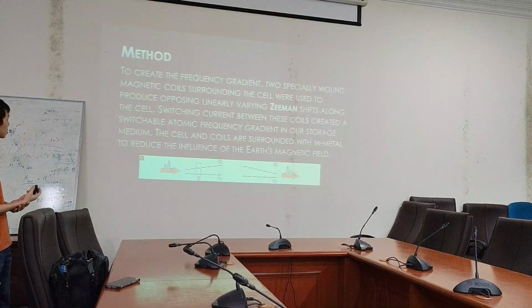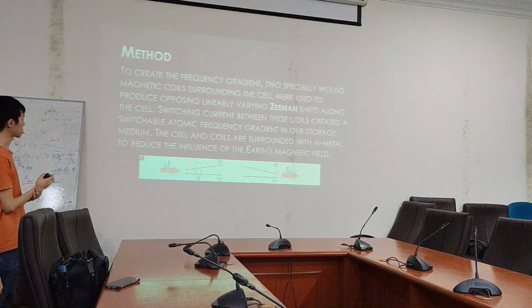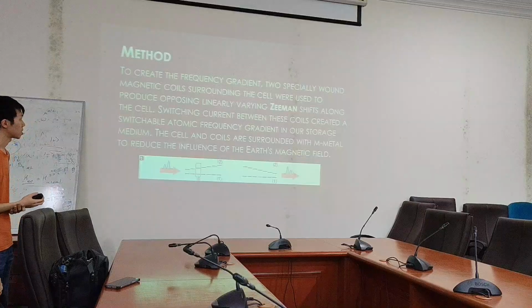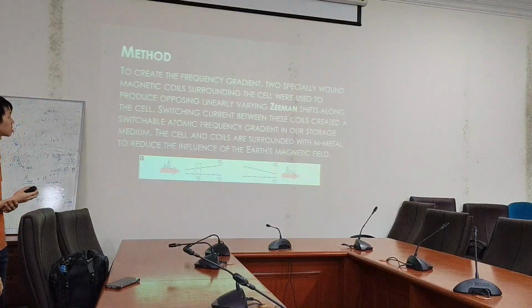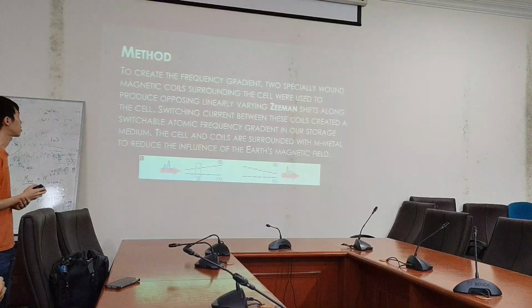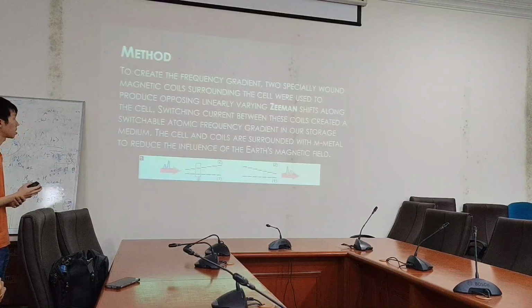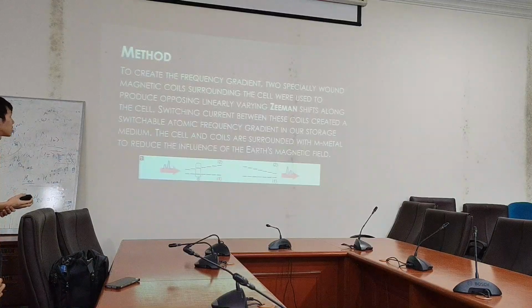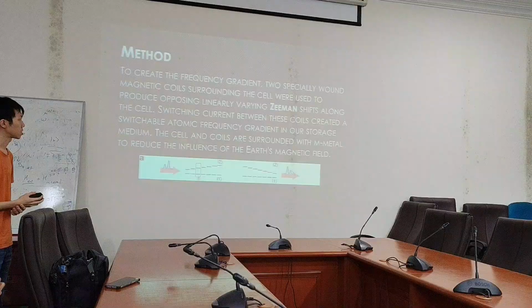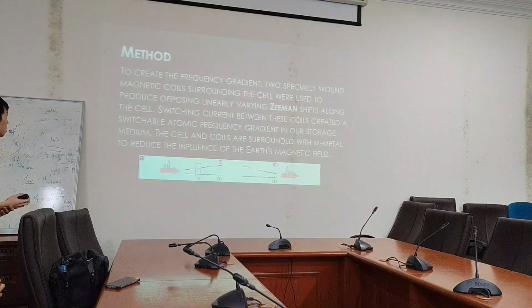The first method is to create a frequency gradient. Two specially wound magnetic coils surrounding the cell were used to produce opposing linearly varying Zeeman shifts along the cell. Switching current between these coils created a switchable atomic frequency gradient in our storage medium.